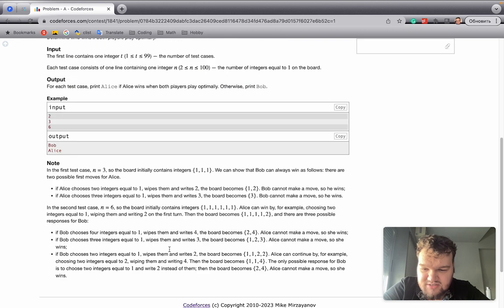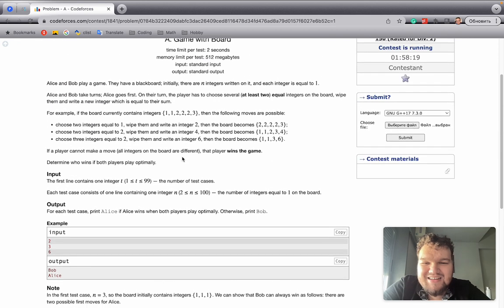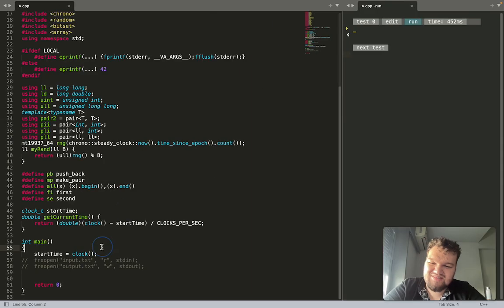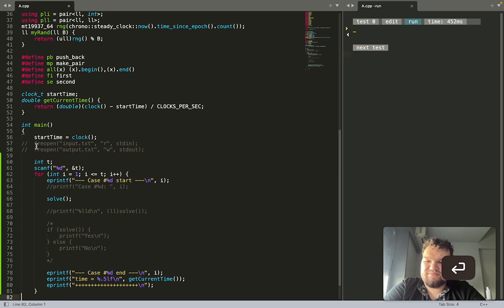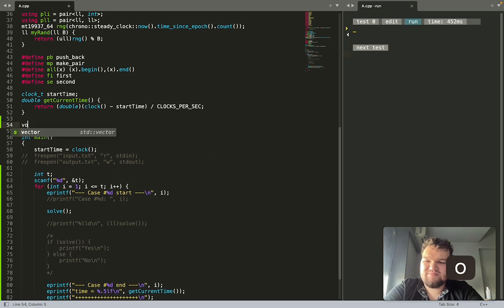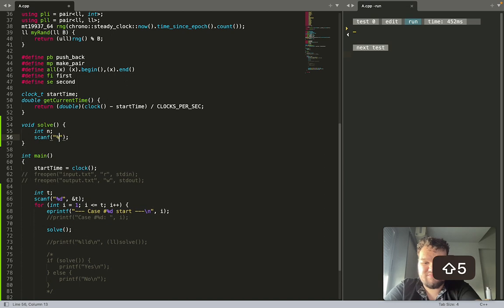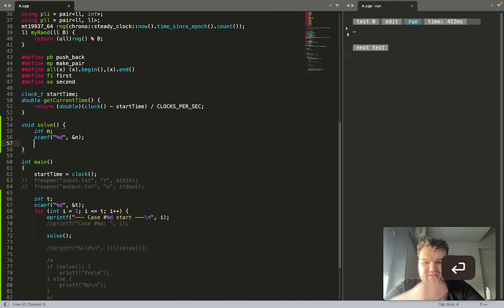Maybe we have examples or something. So if n is 2, then the game will end after Alice's first move, so Bob will win.